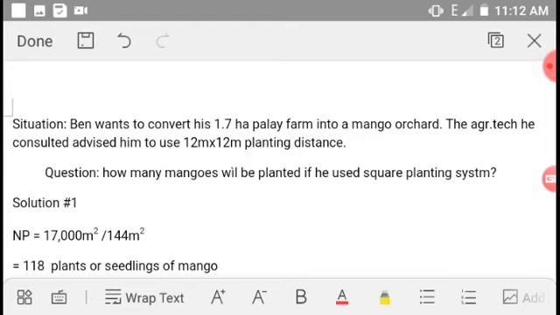So, proceeding to the computation, 17,000 meters squared divided by 144 meters squared will give us 118 plants of mango, or 118 seedlings of mango.